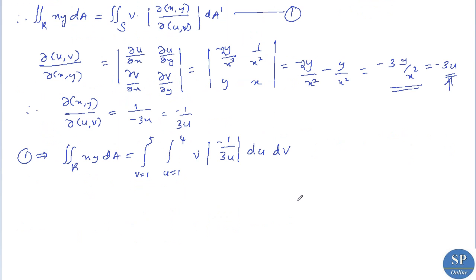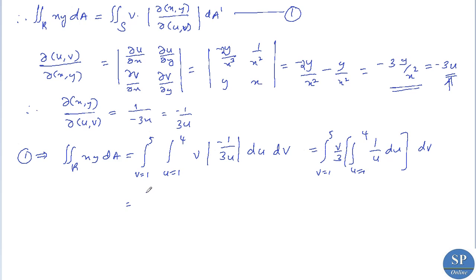The modulus of minus 1 by 3u is positive, so we can write this as the integral over v from 1 to 5 of v by 3 into the integral over u from 1 to 4 of 1 by u du dv. First we integrate with respect to u.